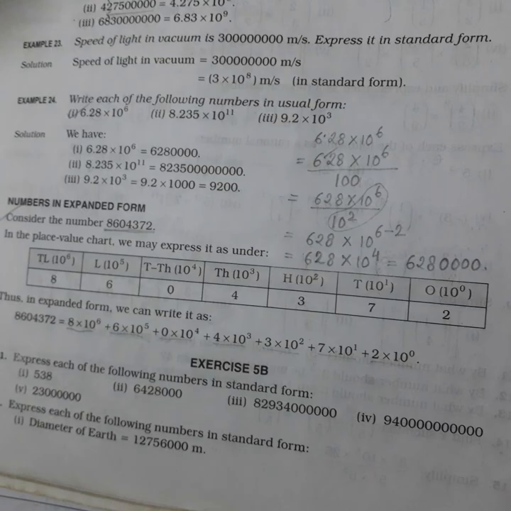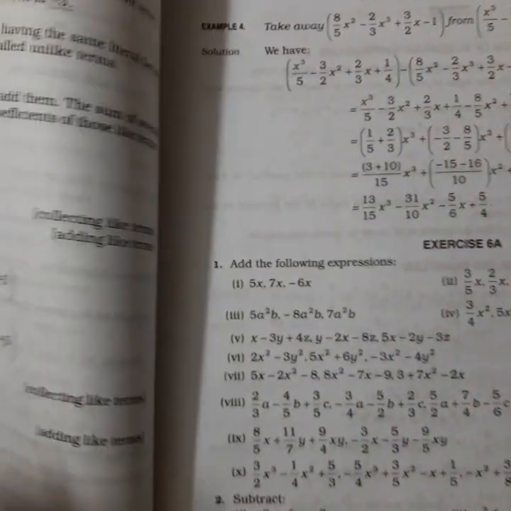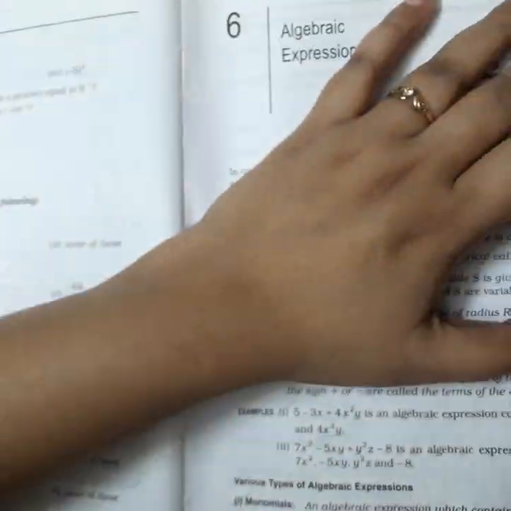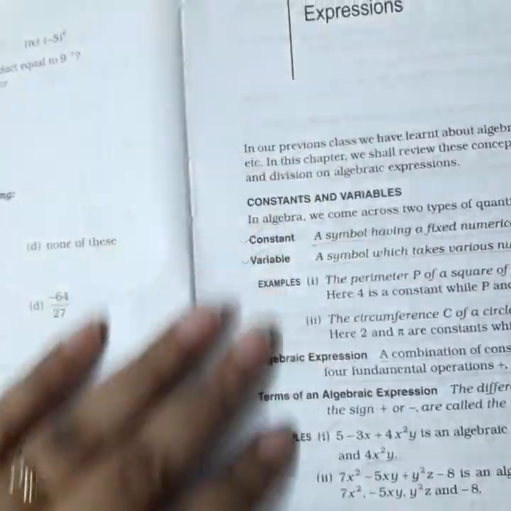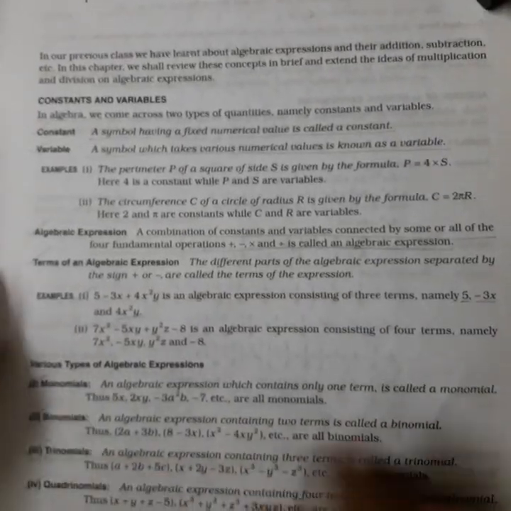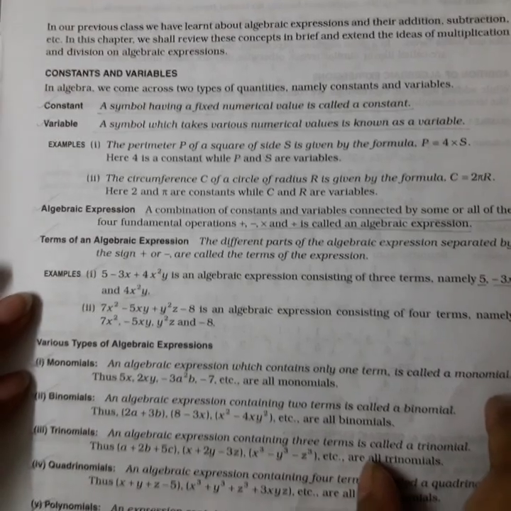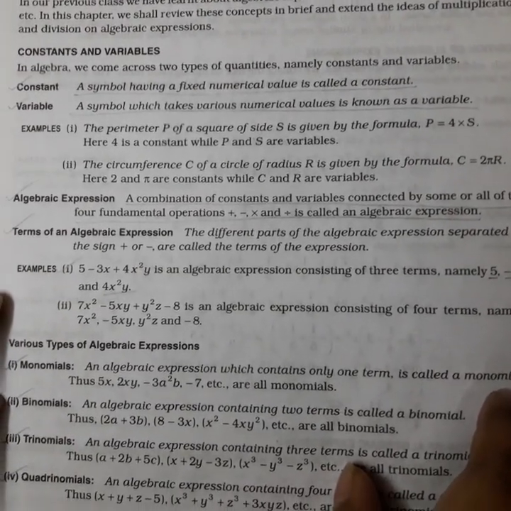Now we are starting the next chapter, chapter 6, that is algebraic expression. Before starting this chapter, this chapter you have already done in class 6, and addition and subtraction of algebraic expressions you have learned in class 6.